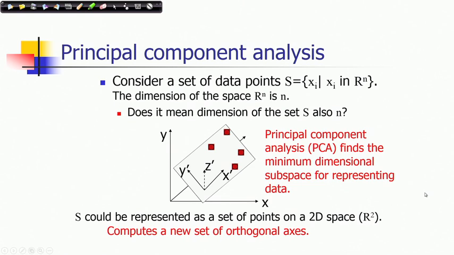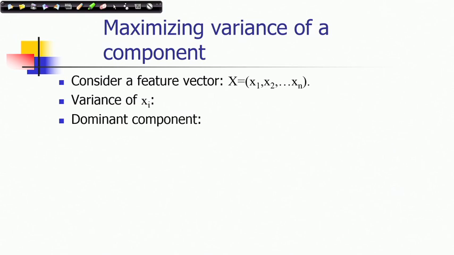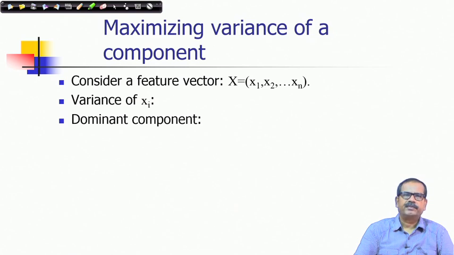The basic idea here is that it computes a new set of orthogonal axes, and using that new set of orthogonal axes, you define new coordinates for the representation. So, it is a coordinate transformation in one sense. What does principal component analysis do? It maximizes the variance of a component.